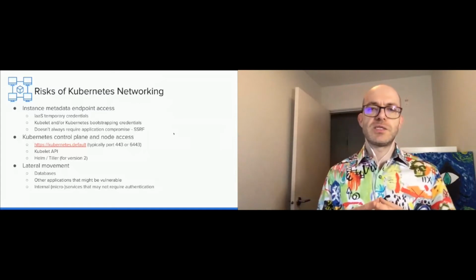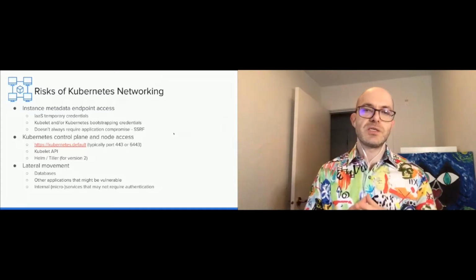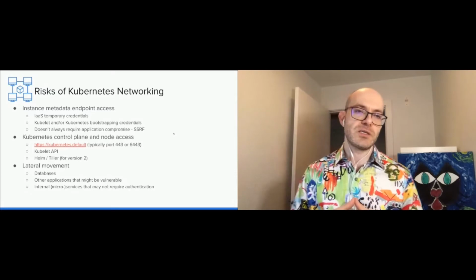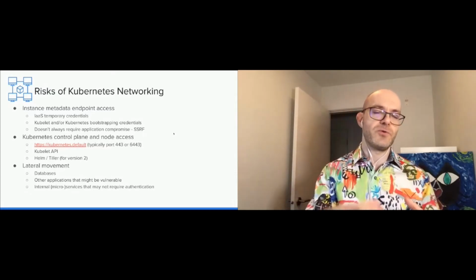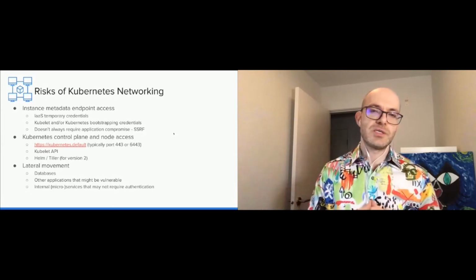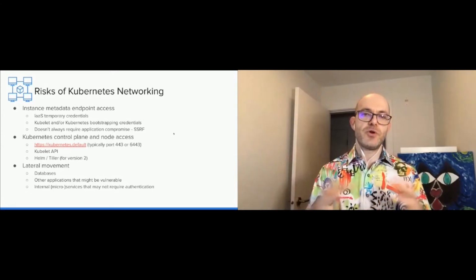And in some cases, this escalation or security issue doesn't require full compromise of the application and can actually be done through vulnerabilities such as SSRF. So you don't necessarily need full access to the container. You might use this even without that. The second piece is the control plane access.